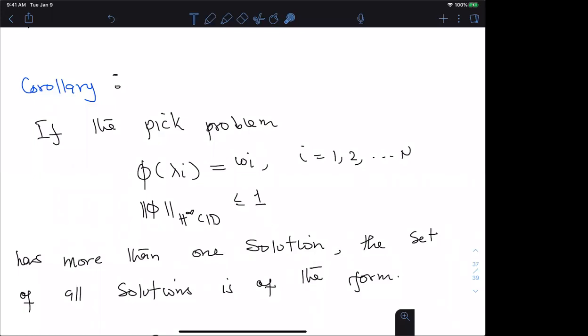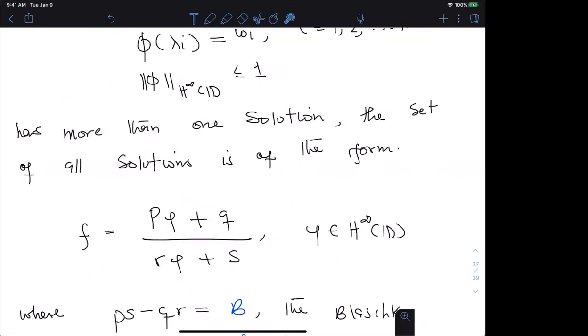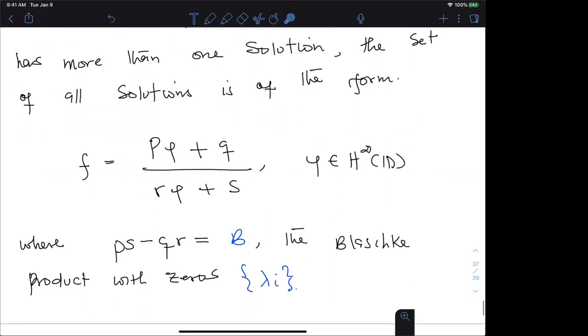If the Pick problem, phi of lambda_i equal to omega_i, such that the norm of phi is less than or equal to 1, has more than one solution, then the set of all solutions is of the form f equal to (p phi plus q) over (r phi plus s), where these parameters are related by this formula, ps minus qr equal to b, where b here is a finite Blaschke product with zeros at the given nodes.